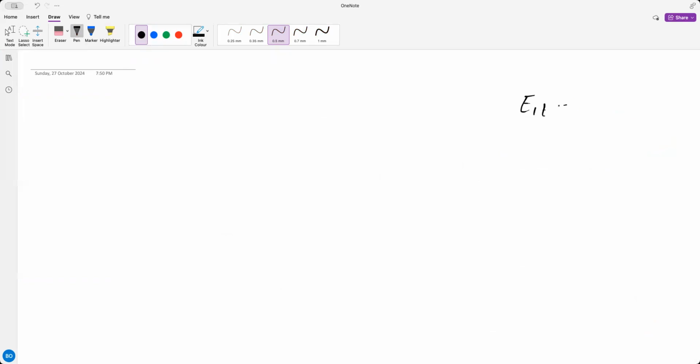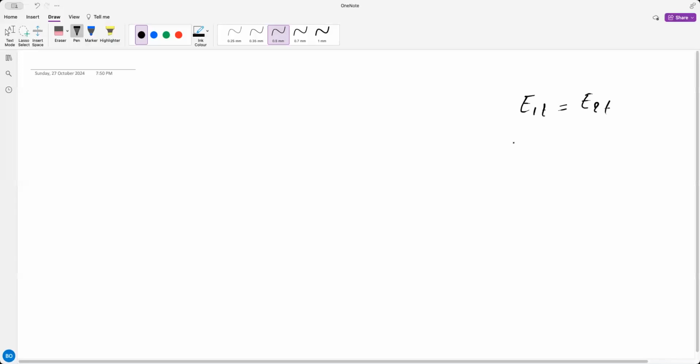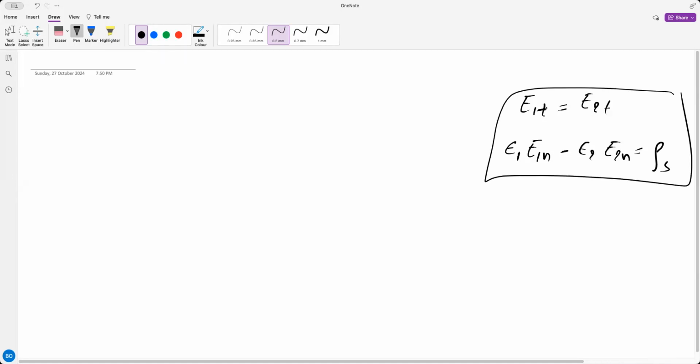So E1T is equal to E2T, okay, and epsilon 1 E1 normal minus epsilon 2 E2 normal is equal to the surface charge density. Okay, now let's apply them to the case where medium 1 is a dielectric, and medium 2 is a conductor.